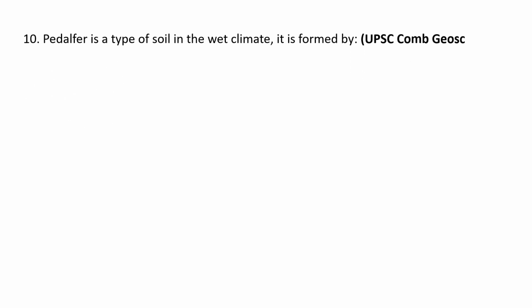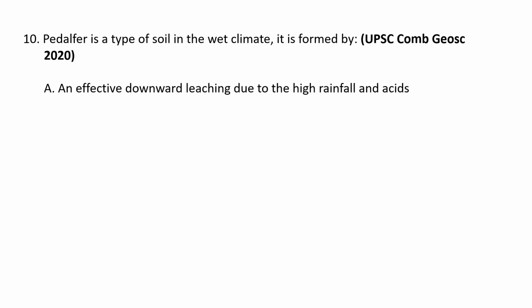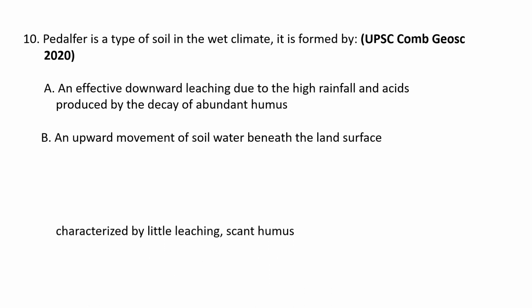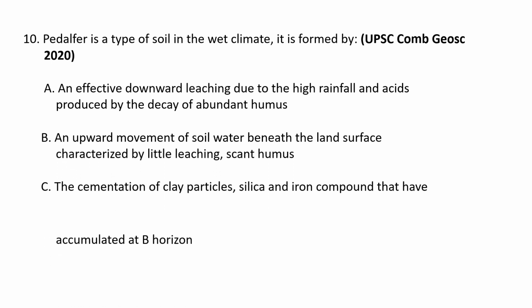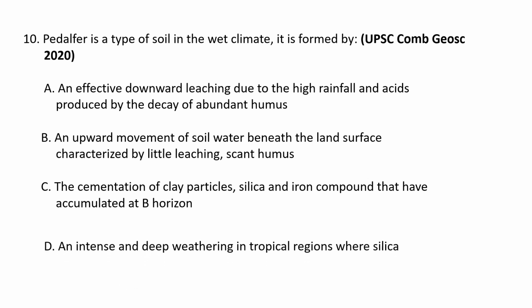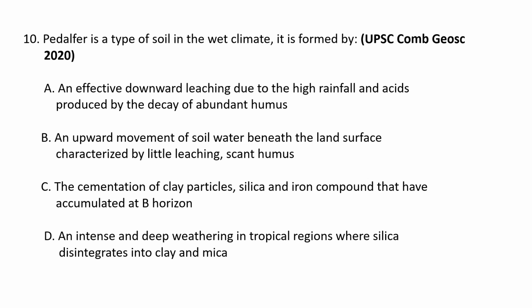Next question. Pedalfer is a type of soil in wet climate and it is formed by A. An effective downward leaching due to the high rainfall and acids which are produced by the decay of abundant humus, B. An upward movement of the soil water beneath the land surface, which is characterized by little leaching and scant humus, C. The cementation of clay particles, silica, and iron compounds that have accumulated at the B horizon, and D. An intense and deep weathering in tropical regions where silica disintegrates into clay and mica.